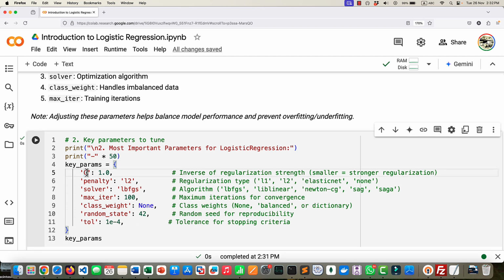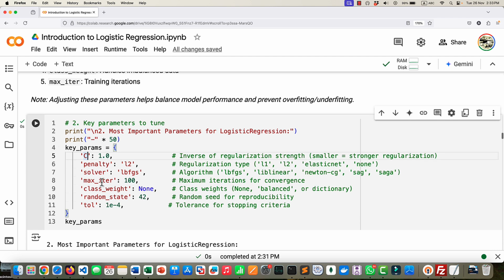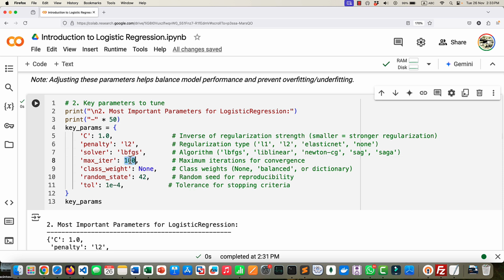And this is the C factor, because regularization has a factor lambda that gives us the weight: do we want to push the model further from the loss or keep it close? So it's another hyperparameter. Then there is the maximum number of iterations, how many steps you want to train your model, and your initial seed, so you can change the seed in order to explore other space, and the tolerance for the stopping criteria.